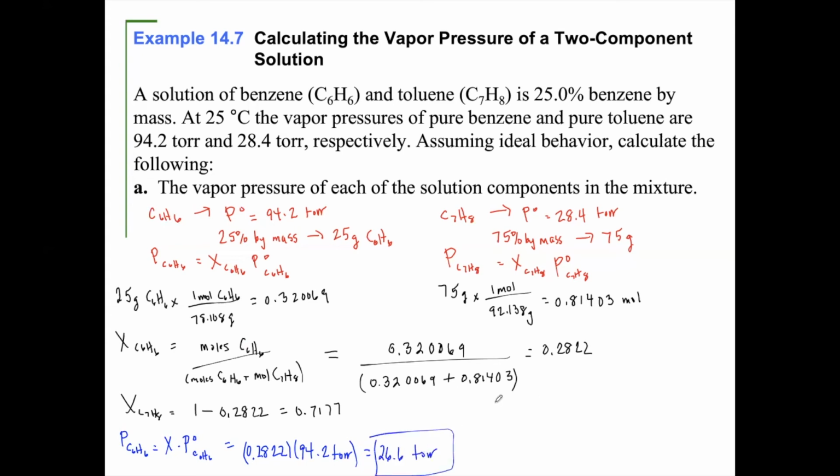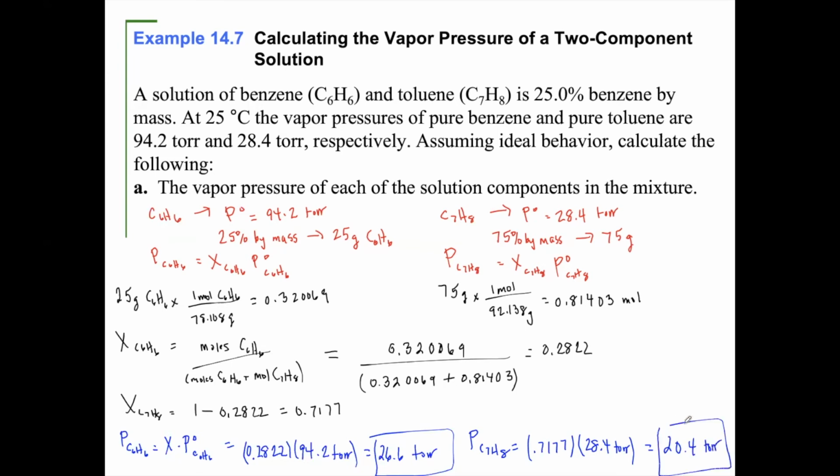Okay. The pressure of the toluene is the mole fraction of toluene times the pressure of pure toluene. Okay, so then that's 0.7177 times 28.4 torr. And that's going to equal 20.4 torr.